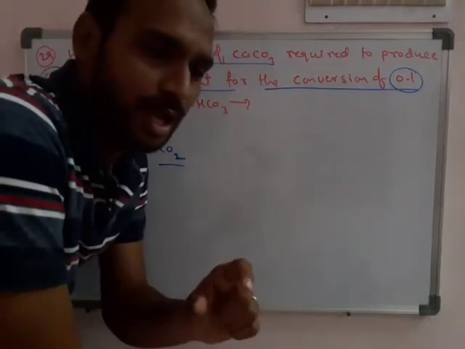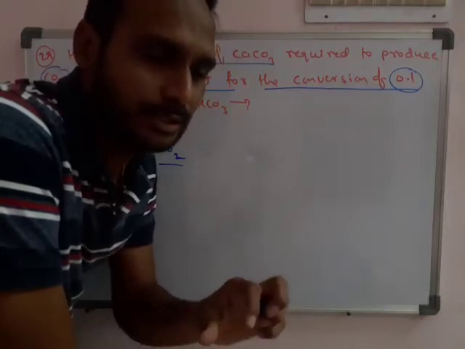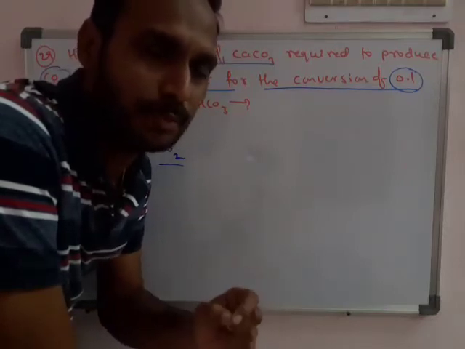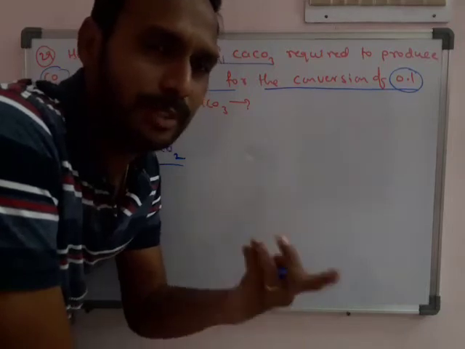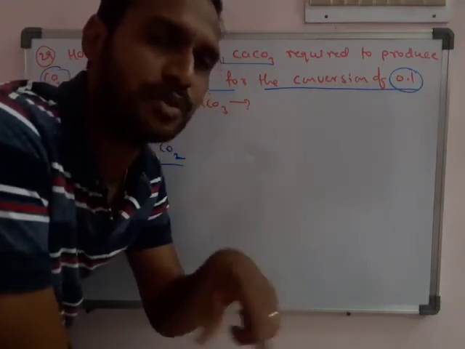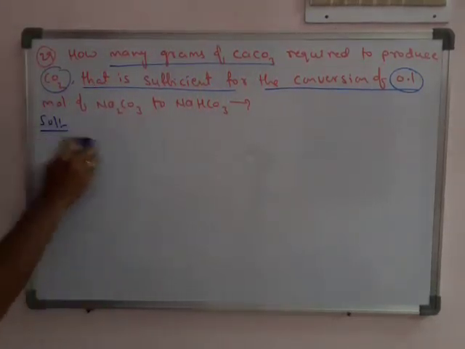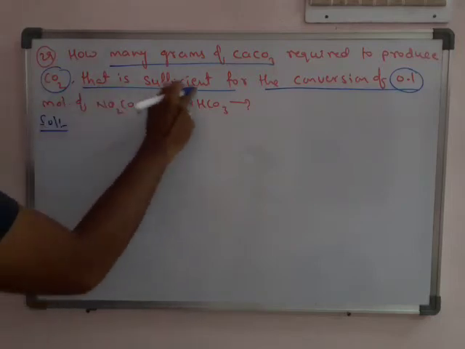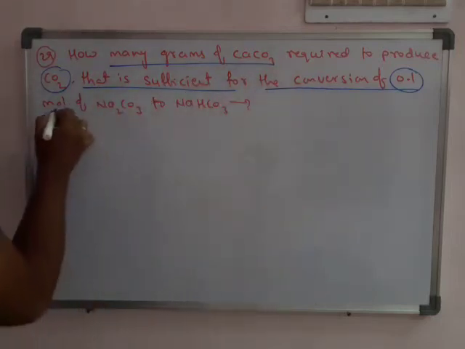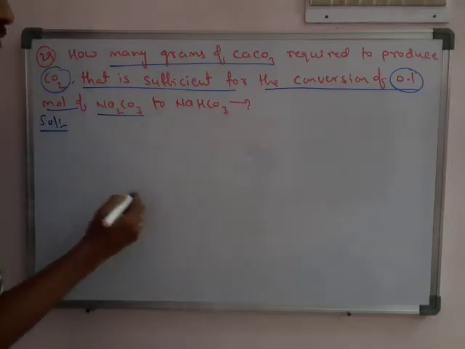How much carbon dioxide will be released is not given. The CO2 amount is given in terms of another reaction. So what is that other reaction? That CO2 is sufficient for the conversion of 0.1 mole of sodium carbonate to sodium hydrogen carbonate.